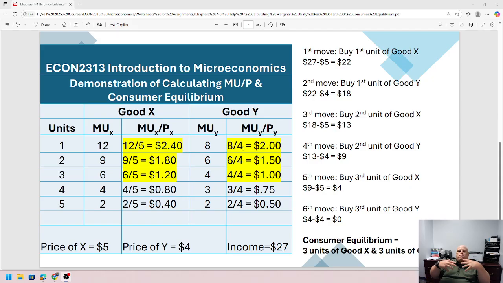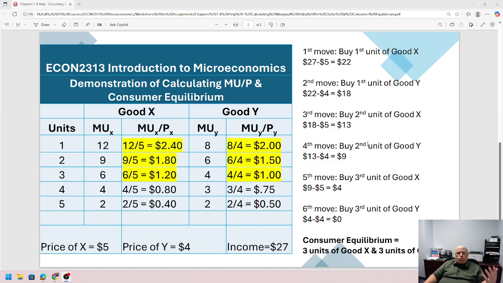Again, we're trying to maximize the utility. So we buy the first unit of good Y, and that's $22 minus $4, so we've still got $18 to spend.